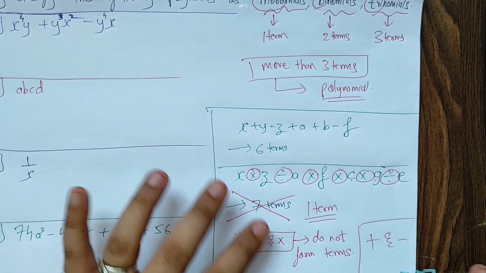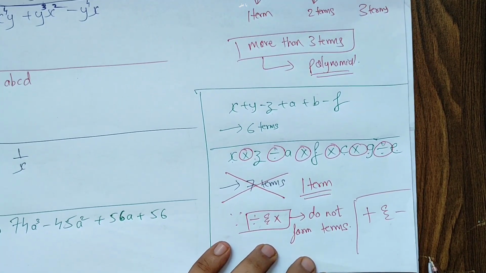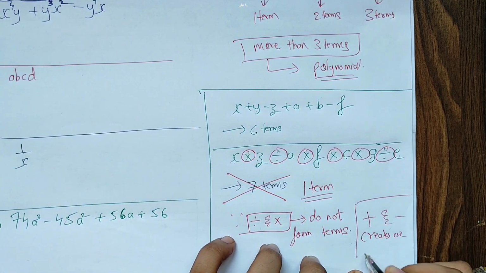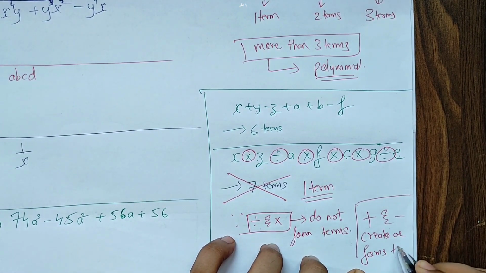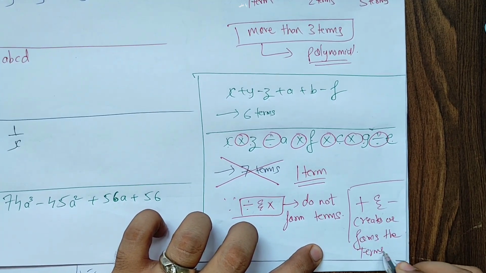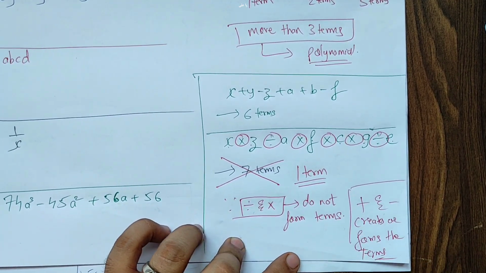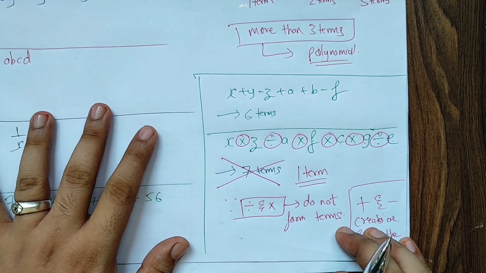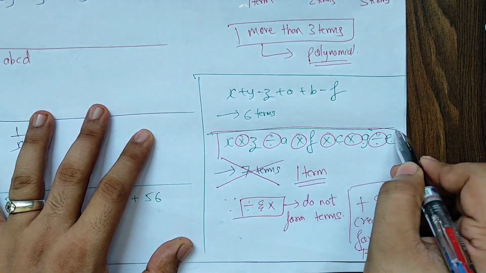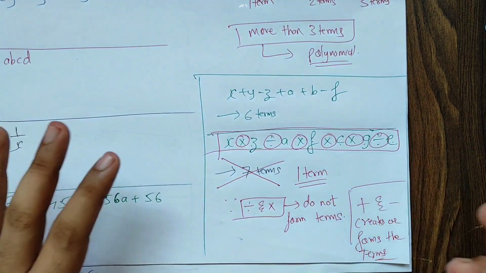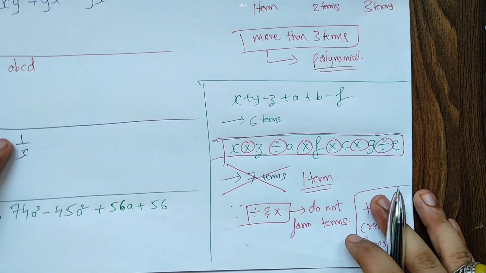Plus and minus symbols create or form the terms. Only plus and minus symbols create or form terms. Multiply and division do not form terms. That's the reason this is a complete 1 term. And here we have 6 different terms, because plus and minus signs create, form or make terms.